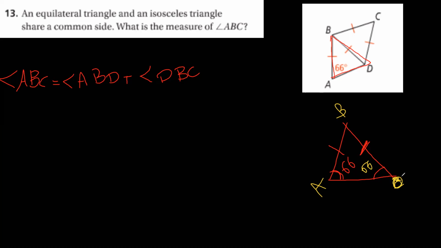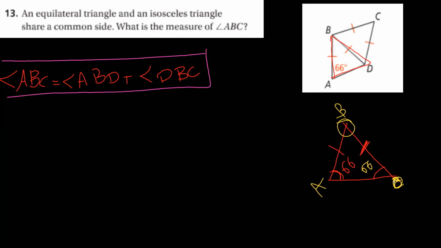Now, if here is 66 and here is 66, can I find the measurement of the angle ABD? I want the measurement of this angle. To find it, I know that the summation of the angles in a triangle is 180.